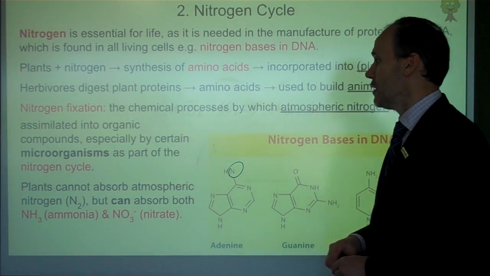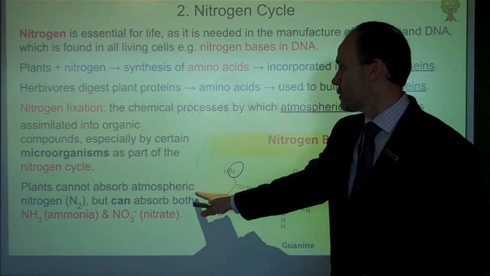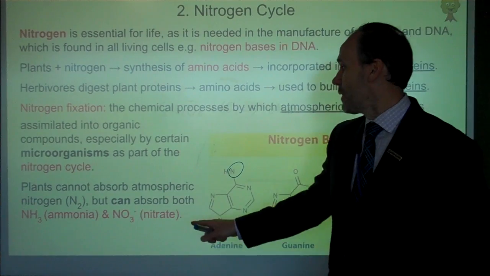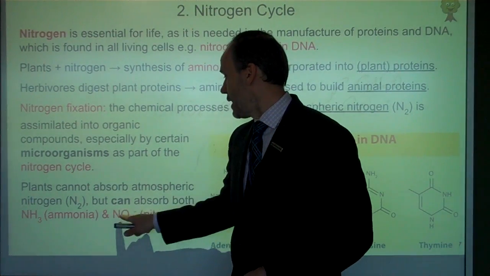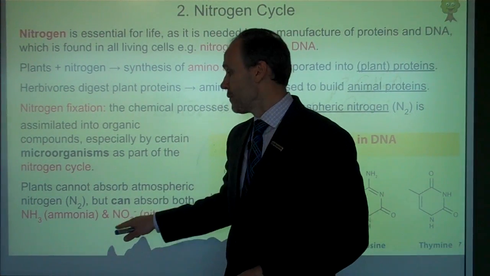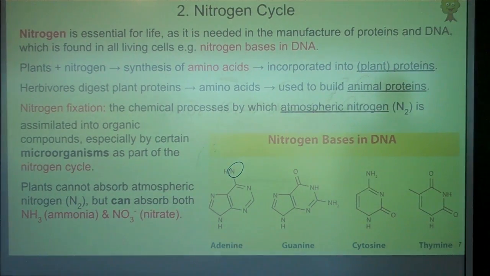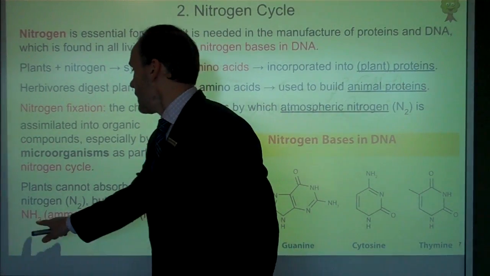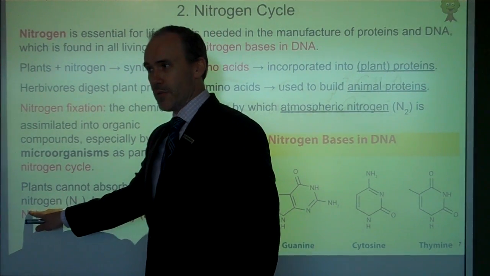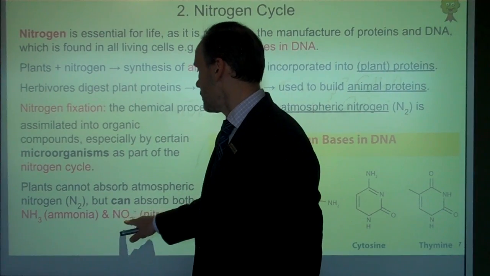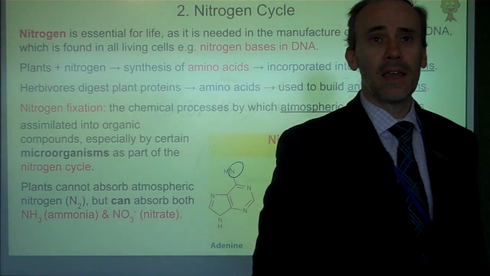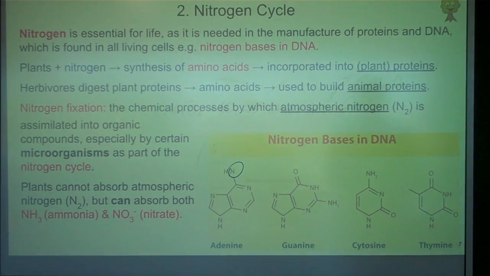You see that on the next slide. Plants cannot absorb atmospheric nitrogen, but they can absorb this and this. So write those two down: ammonia and nitrate. Plants can absorb those, then they can get access to the nitrogen, because guess what? This NH3, the bond here, not a very strong bond. The nitrogen to the oxygen bond here, again, not as strong as that nitrogen-nitrogen triple bond.